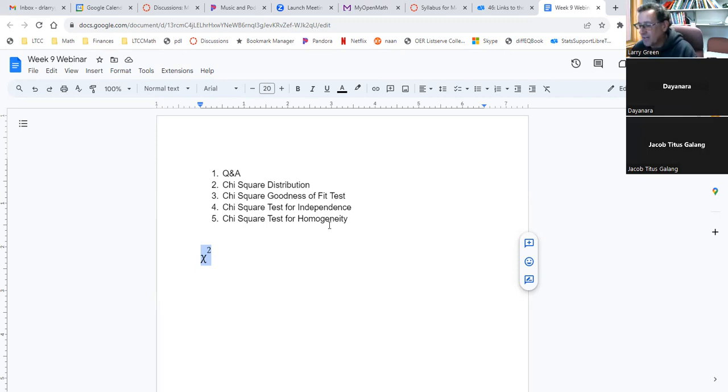There is no left-tailed test. There's not a two-tailed test. So it's never a not equal to or a less than. It's always a greater than for this chi-squared. And that's because it's always positive. So that is the plan for today.